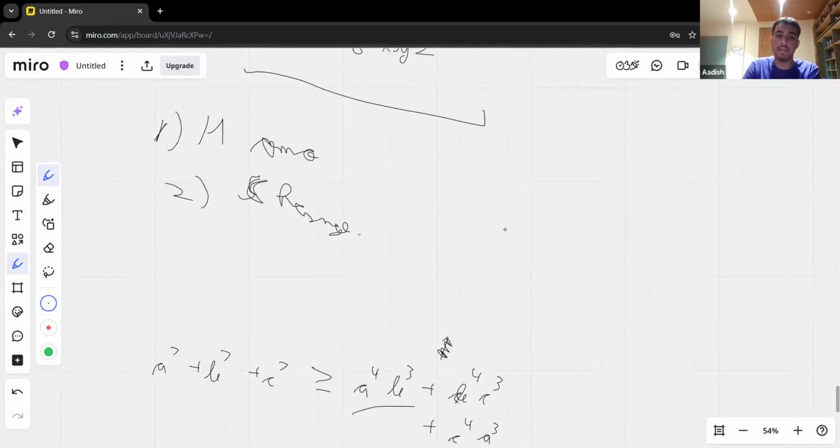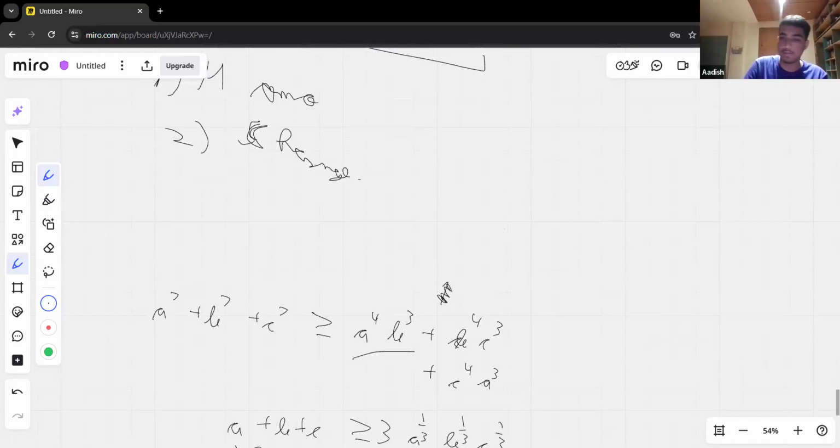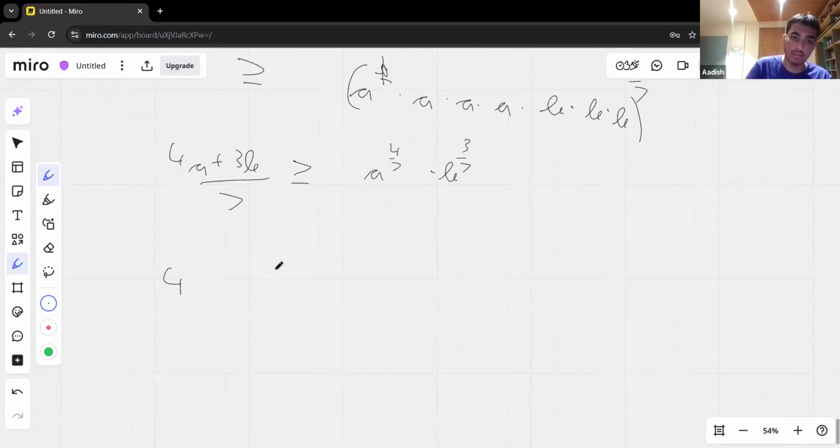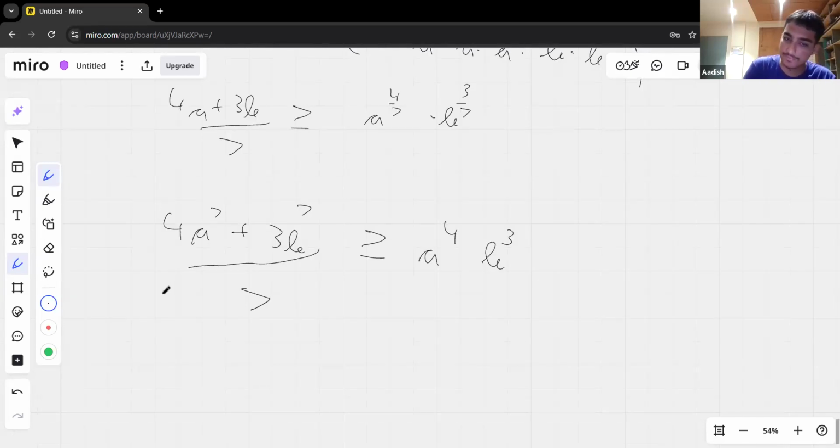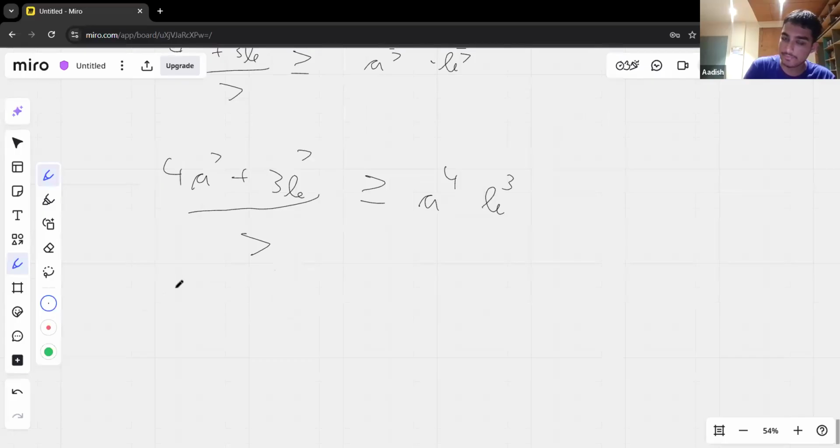We don't have A and B, we just have A to the 7 and B to the 7, so just apply it on them. We in fact have (4A to the 7 plus 3B to the 7) by 7 is greater than or equal to A to the 4 B cube. Correct? Similarly.